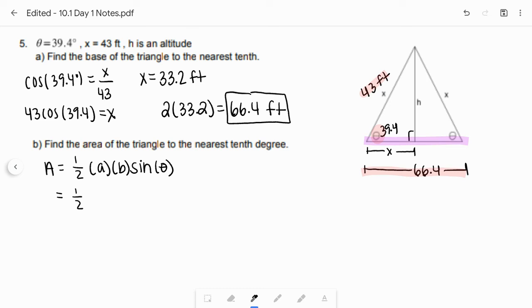So this would be 1/2 times 43 times 66.4 times sine of 39.4 degrees. Enter that all into your calculator and we get approximately 906.1 feet squared.